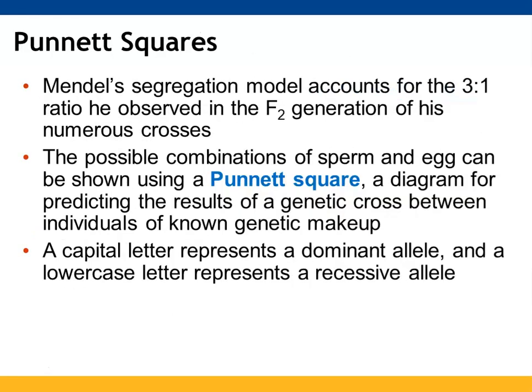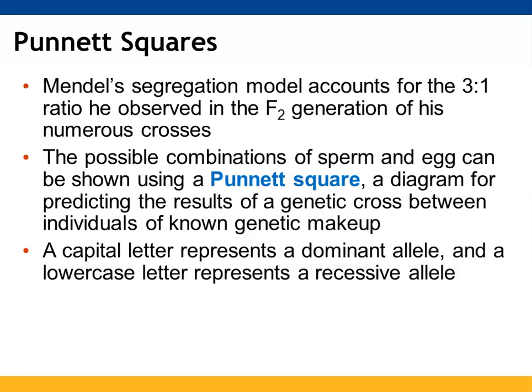We can use Punnett squares to explain these relationships. You probably have done a lot of Punnett squares previously in your first biology class, where you show the different combinations of alleles that can be passed on by the sperm and the egg, by the male and female parents in that particular cross, and you can predict what the offspring would be. When we use capital letters, we're dealing with dominant alleles.